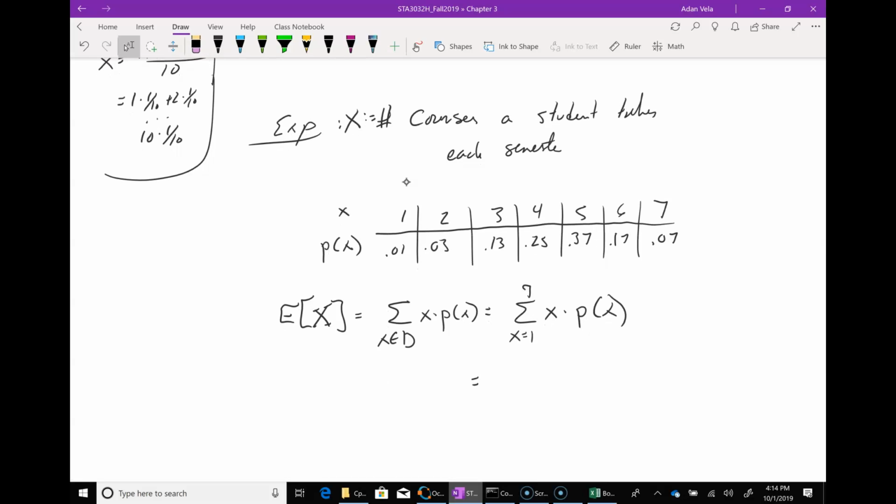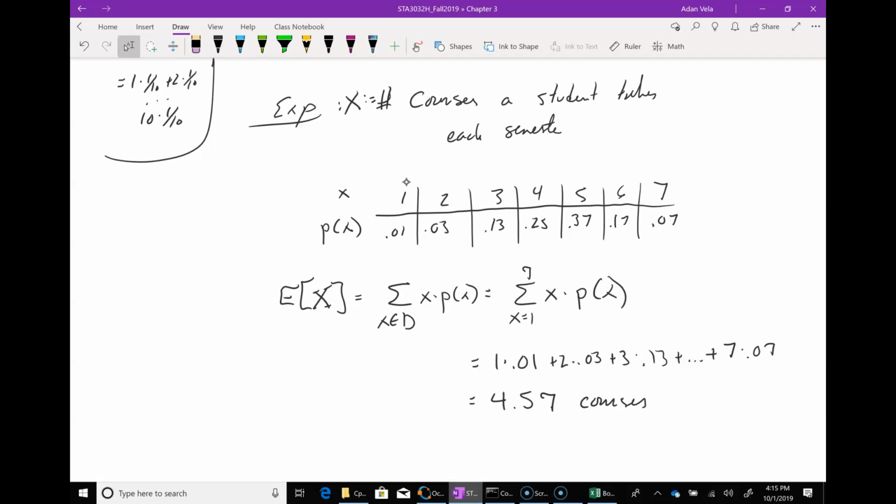So we're going to do 1 times 0.01 plus 2 times 0.03 plus 3 times 0.13 all the way to 7 times 0.07. And so what we're going to get back, if we do that calculation, is 4.57 courses. So that is going to be the expected value of x.